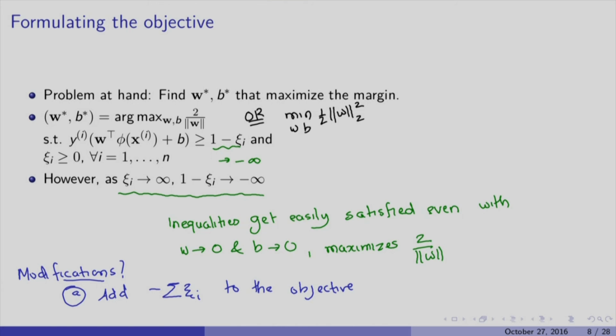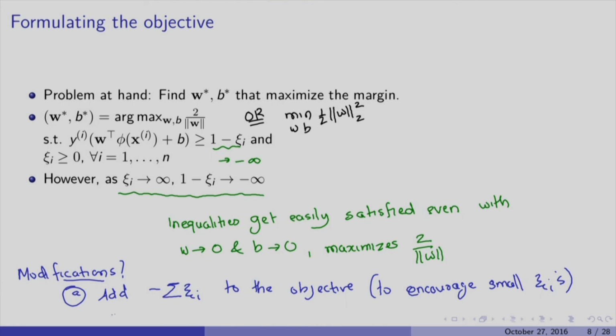So what we mean by this is that we want to maximize the negative of the summation of the slacks, or minimize the summation of the slacks. We would like each of them to go to 0. So this encourages small xis.